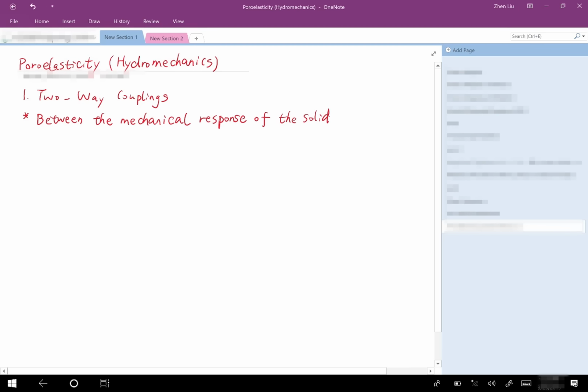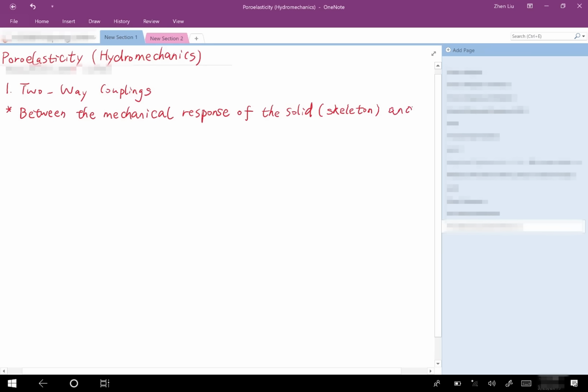Here, solid means solid skeleton. And the movement of pore water.